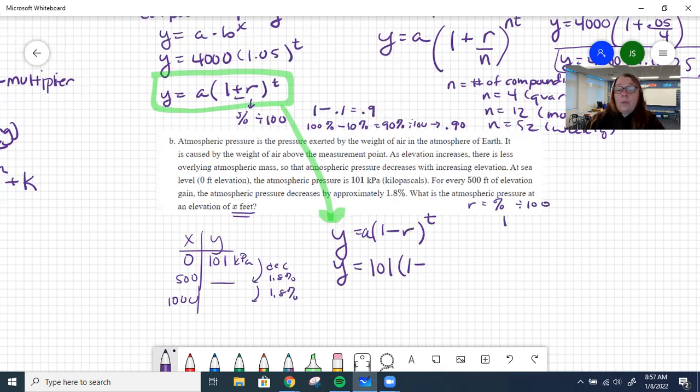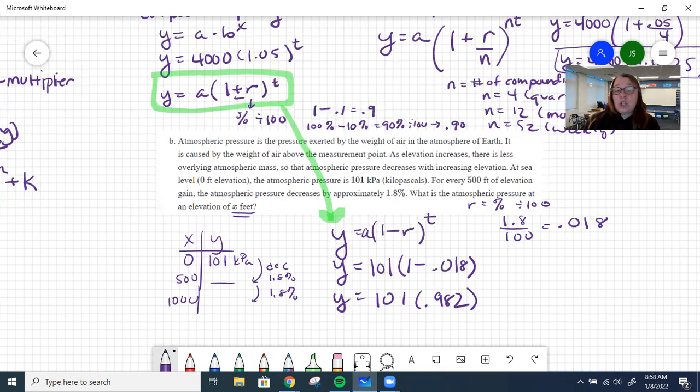If I take 1.8 and divide by 100, that moves my decimal place back 2, so that's 0.018. And now, before I talk about my T here, I'm going to subtract this: 0.982. So if I lose 1.8%, I'm keeping 98.2%.